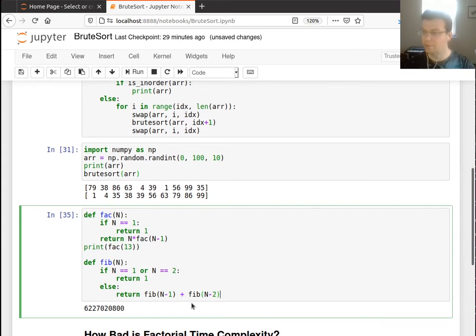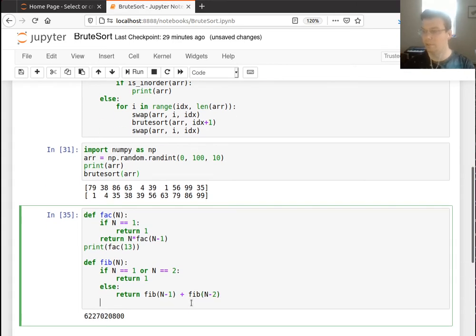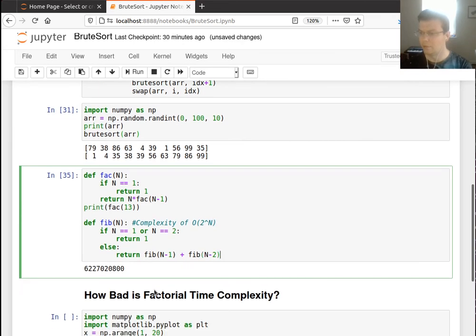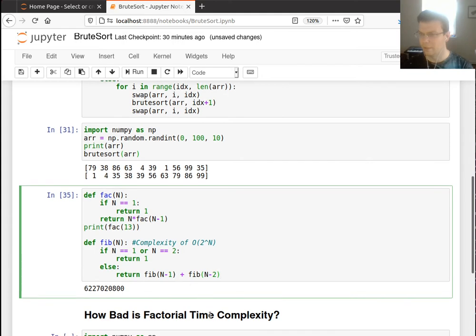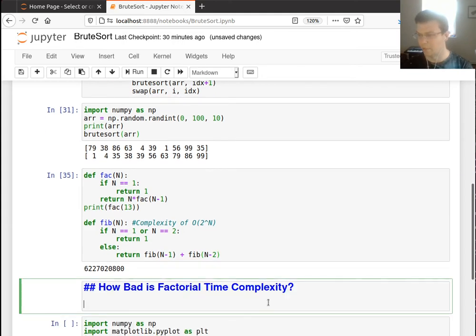And we saw that this implementation had a complexity of 2 to the n, right? Because the recursion branched off in 2 directions each time. So every time you branch off, you double the amount of things that you're checking. So how does our naive sorting algorithm compare?